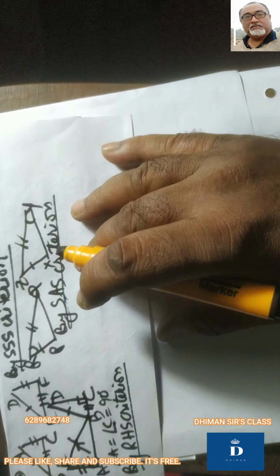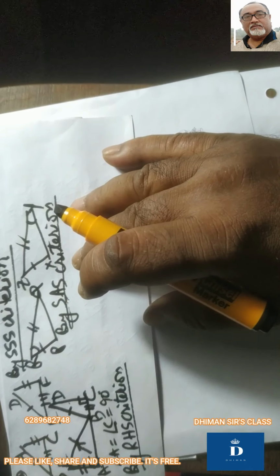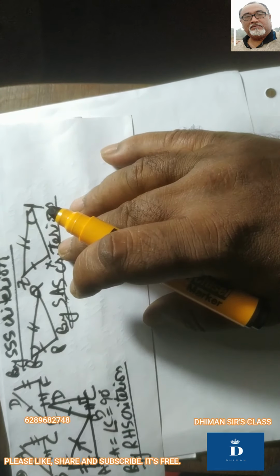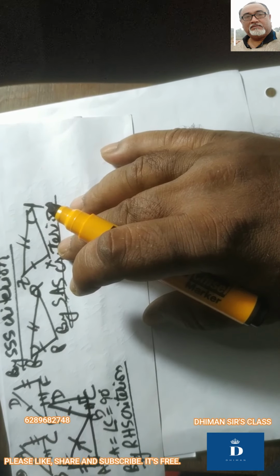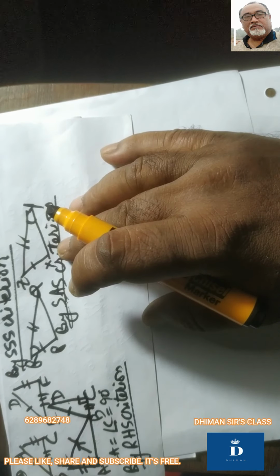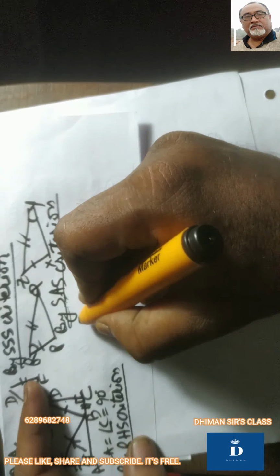Now, in question number 2, you want to show that triangle ART is congruent to triangle PEN. See, two triangles are given to us.